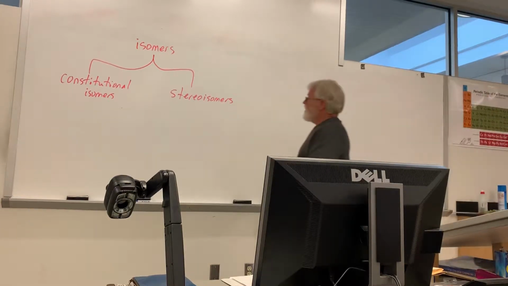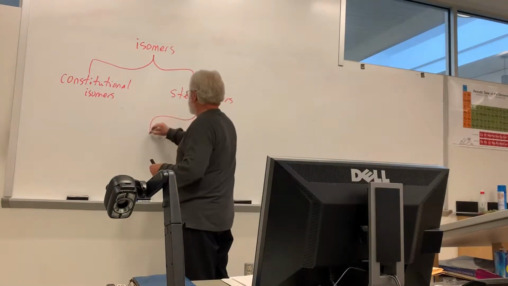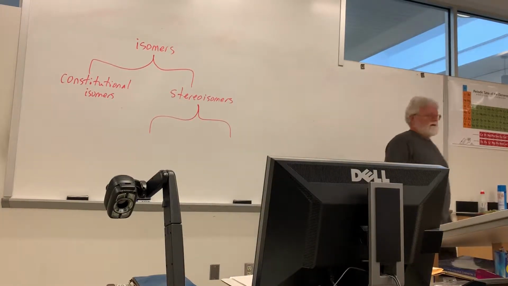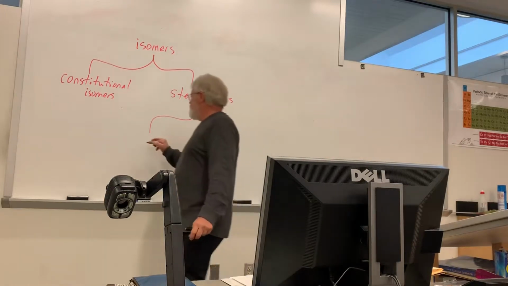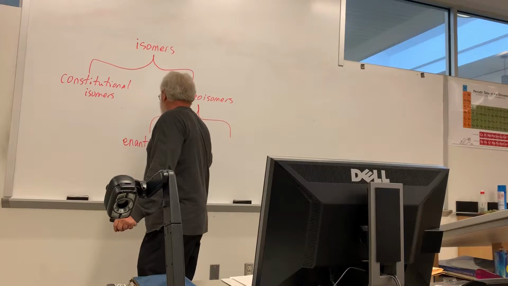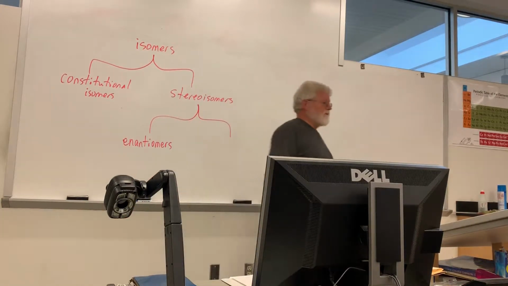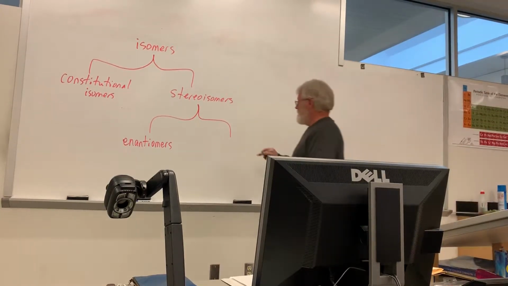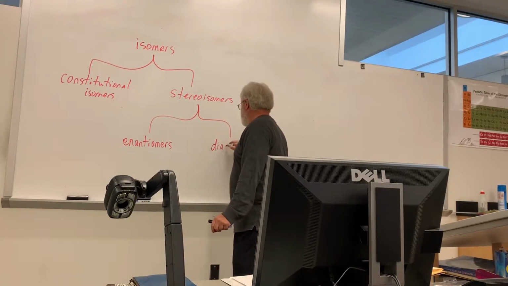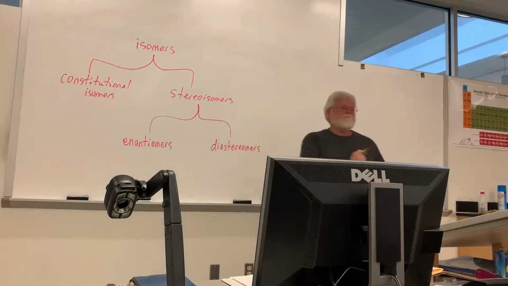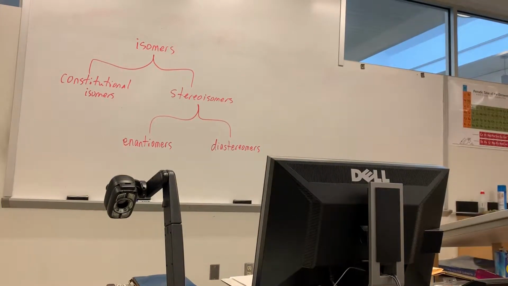Okay, among stereoisomers, there are two big categories. Stereoisomers can be either enantiomers, or they can be diastereomers.